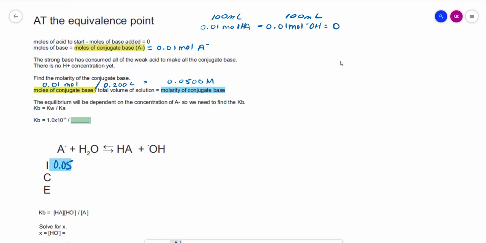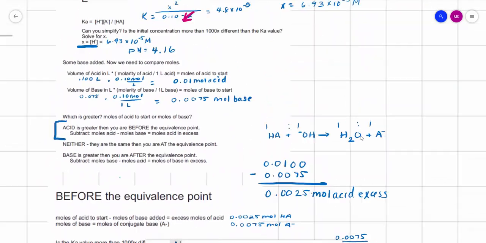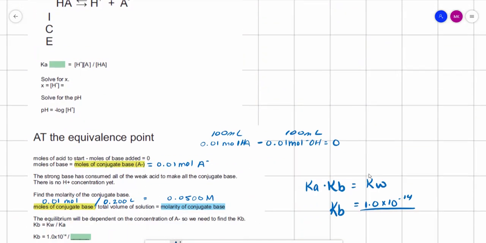Now, because everything is dependent on the A minus at the equivalence point, we need to find the Kb value. Kb is related to Ka because Ka times Kb is equal to Kw. So because Kw is a constant, and we have our Ka, which just escapes me at the moment. Come up here. 4.8 times 10 to the negative 8.